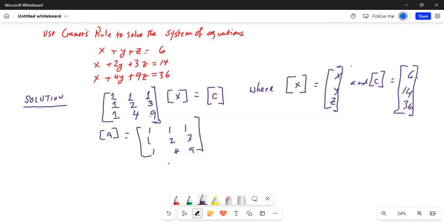So first we will enter matrix A in the calculator, which we do by pressing second, x minus 1, and then we go to edit and number 1. Make it a 3 by 3 matrix.